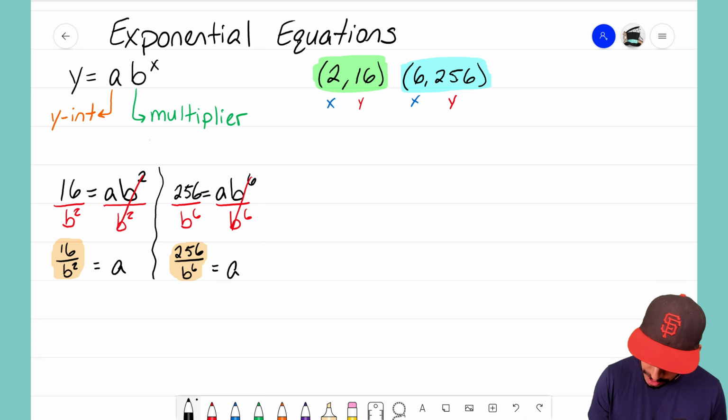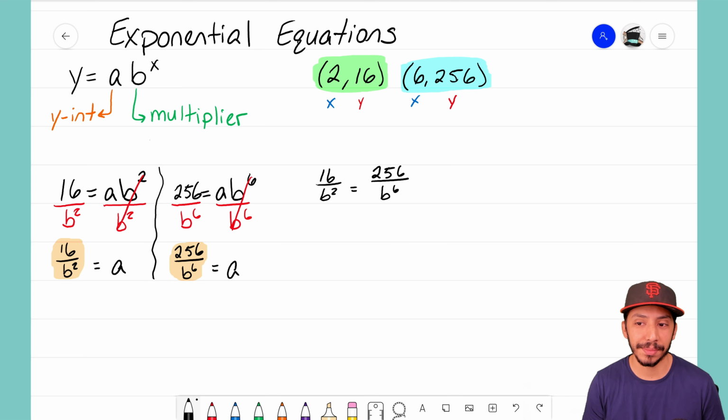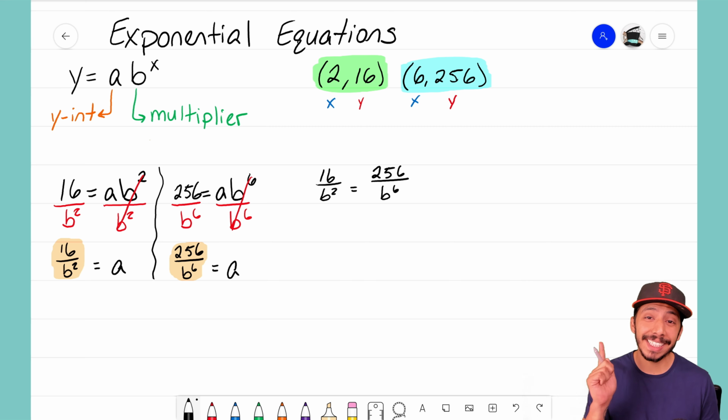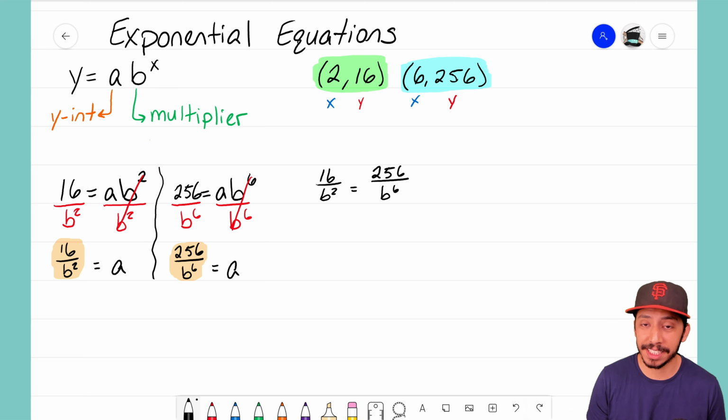I'm going to write now that 16 over b squared equals 256 over b to the 6th power. Now what I need to do is, I have two fractions equal to each other. I only see one variable now. I only have the b variable. I can definitely solve for b now just by using some arithmetic skills.